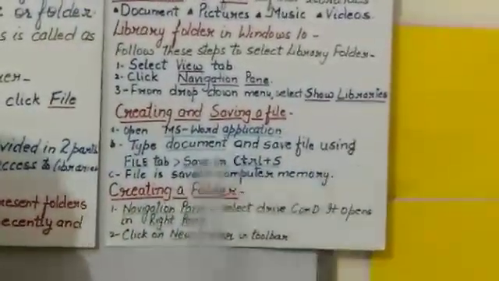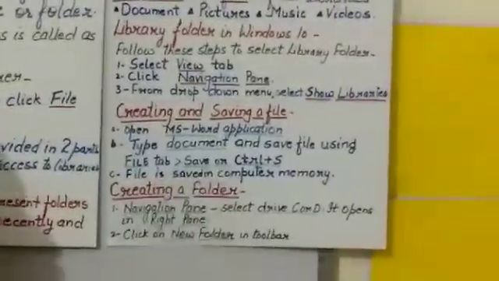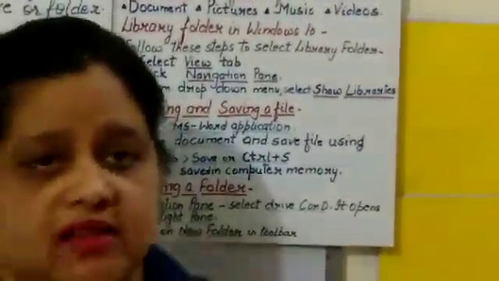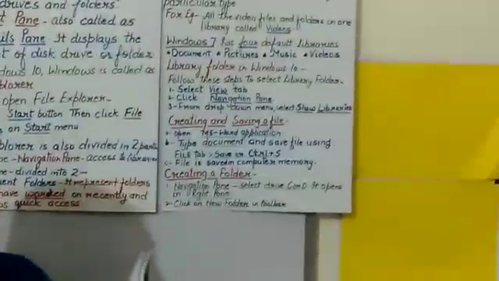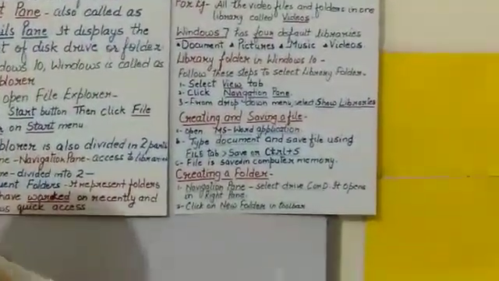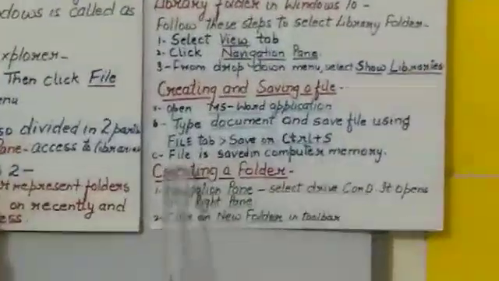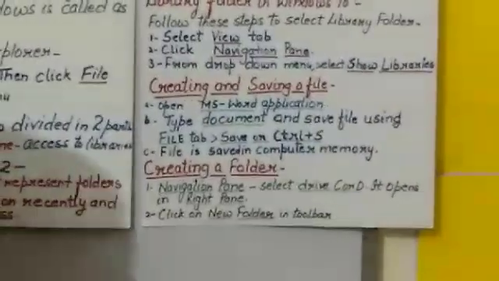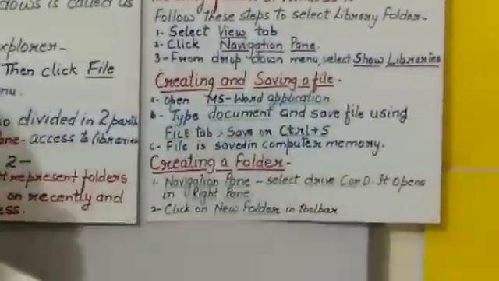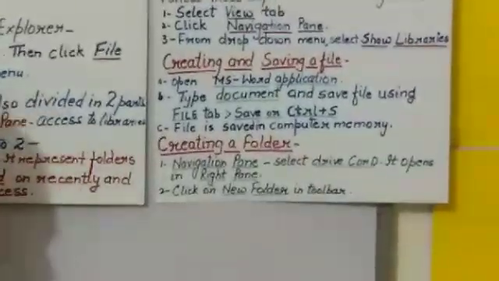Then save the file using the File tab, Save, or press Ctrl+S. Either you go directly to the save option shown in that box, or you press Ctrl+S. That is the shortcut key for saving. The file is saved in computer memory. This is how you create and save a file in computers.